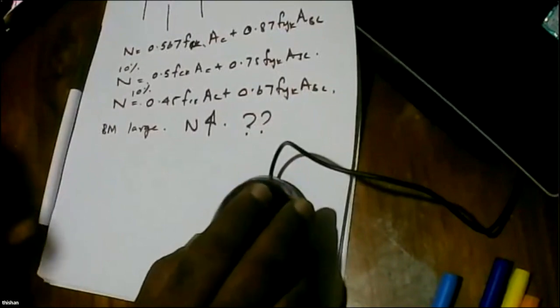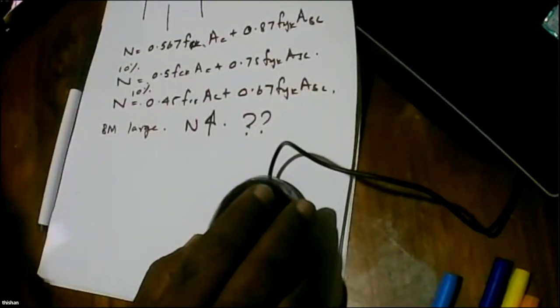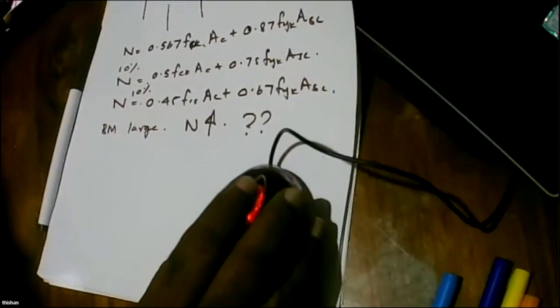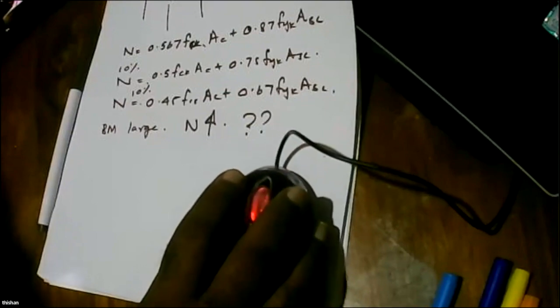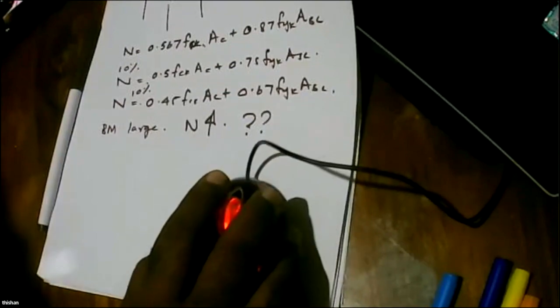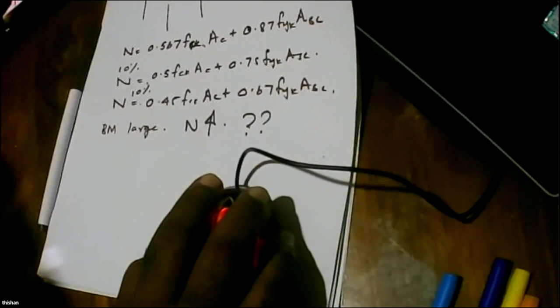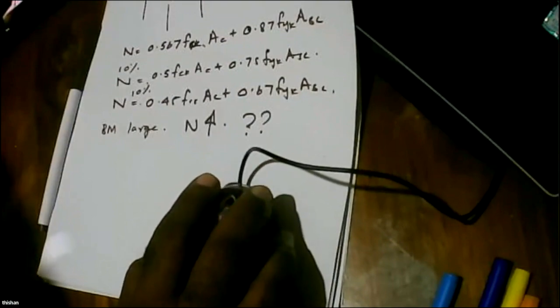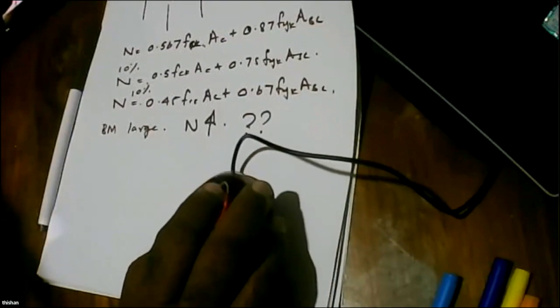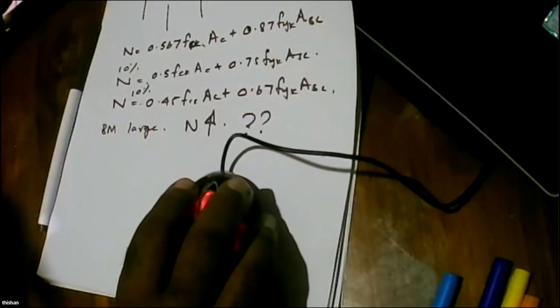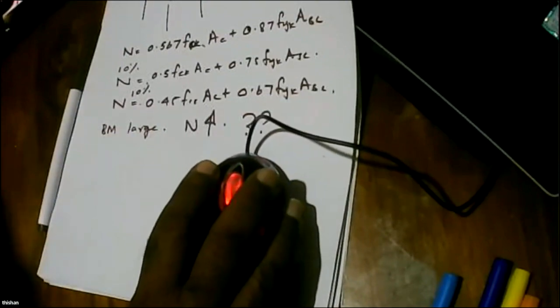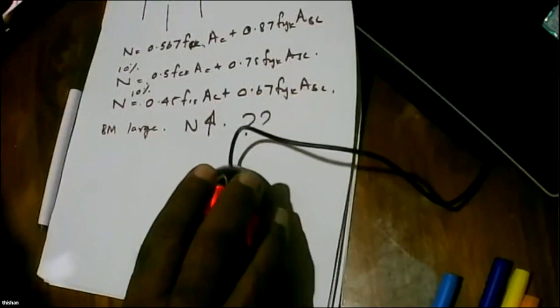So the column interaction chart given in BS 8110 part 3, and similar charts can be found in another document. Sorry, just one moment. I'll share the screen. Before sharing, just give me a moment to load another document. That is right. Now all the documents I have opened, so I'll start sharing.